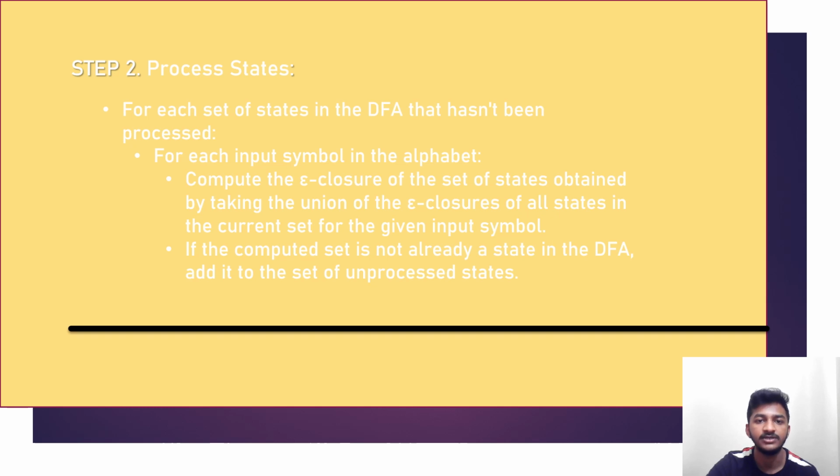For each set of states in the DFA that hasn't been processed, and for each input symbol in the alphabet, compute the epsilon naught closure of the set of states obtained by taking the union of the epsilon naught closure of all the states in the current set for the given input symbol. If the computed set is not already a state in the DFA, add it to the set of unprocessed states.